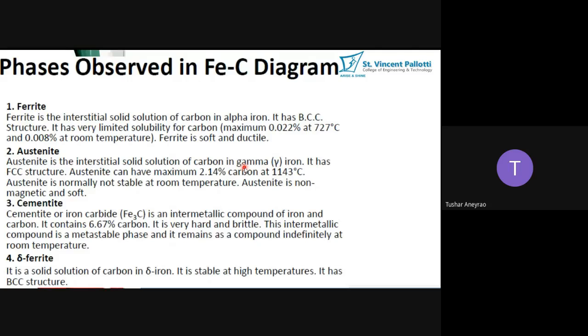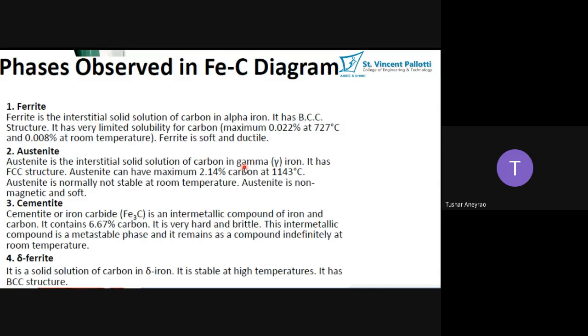The percentage was given previously: austenite can have up to a maximum of 2.14% of carbon, and above 1143 degrees centigrade the austenite is stable.